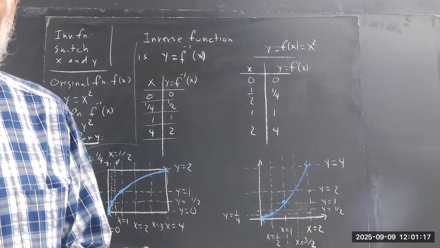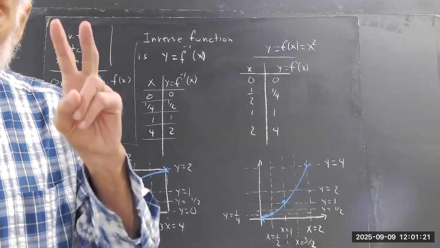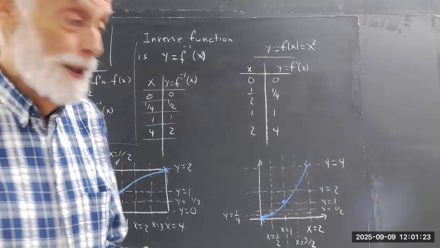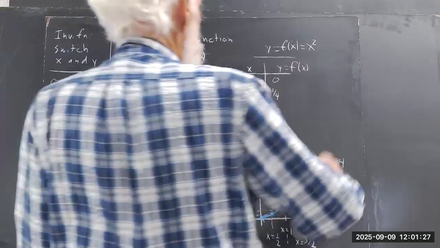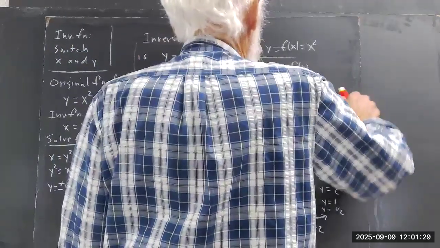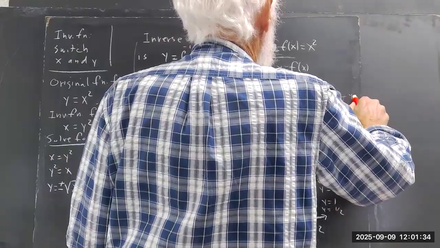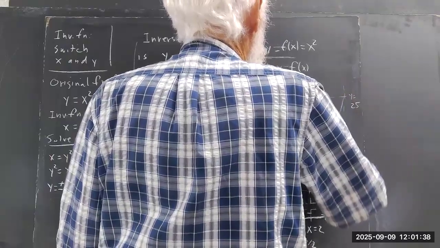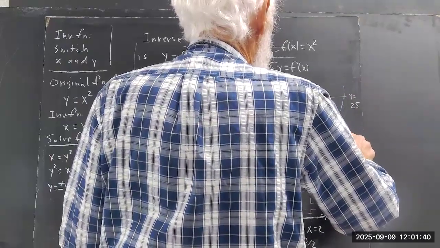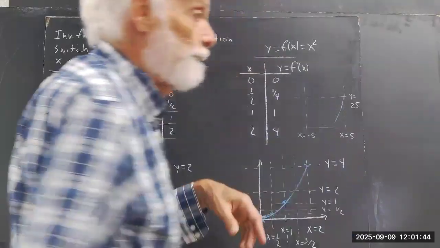What do you get if you square negative 5? You get 25. You have two solutions. And that is, of course, because if you made a bigger graph, you might have y equals 25 up here, and you would have two x values that go with that: x equals 5, x equals negative 5.